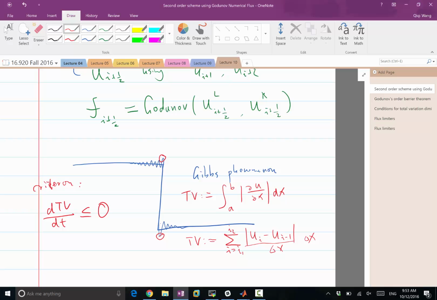Yes. So the question is, can you think of the Gibbs phenomenon in terms of Von Neumann stability analysis? You can think of the Gibbs phenomenon as a result of dispersion error. Dispersion error moves waves to incorrect places, and this results in the oscillations over here.